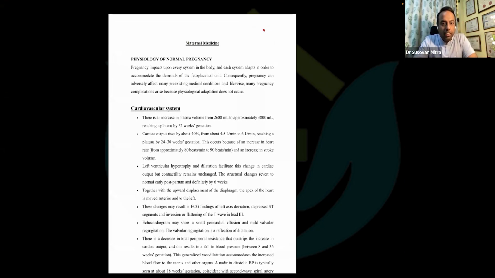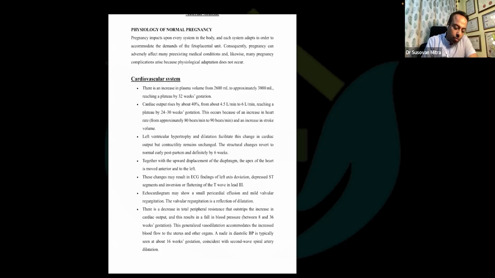Normally, pregnancy complications can arise because of exacerbated physiological adaptations, or if the adaptation has not occurred. So we'll go through it system by system. Let's start with the cardiovascular system. Usually, in pregnancy, the plasma volume increases from 2.6 liters to 3.8 liters mostly.